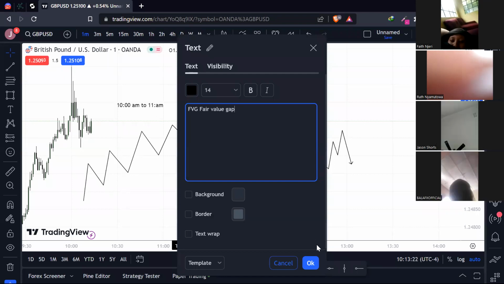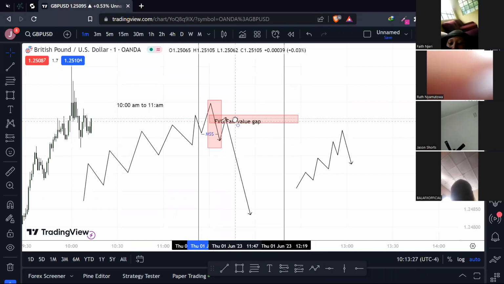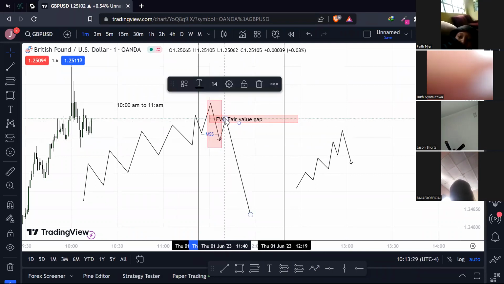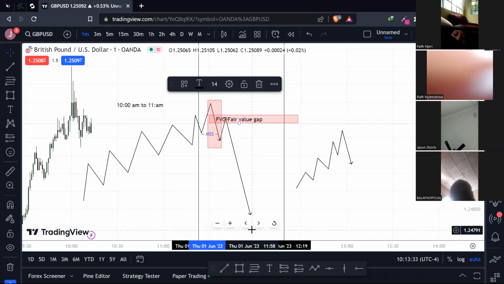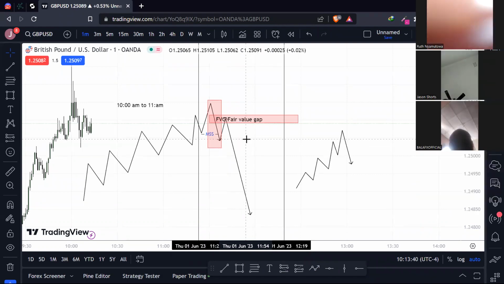So there will be a fair value gap here. That's why the price comes and retests the fair value gap, fills it, and trades down. So that's our entry model and our trade. Preferably we'll take 1:2 RR or 1:1 RR. If you're a beginner, take 1:2 RR or 1:1 RR.